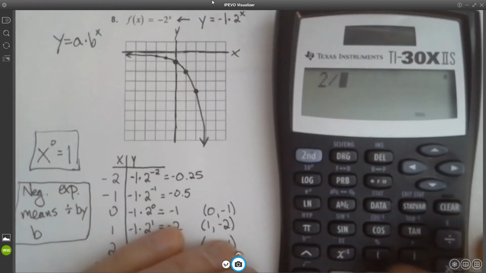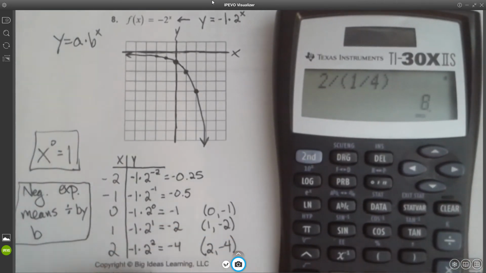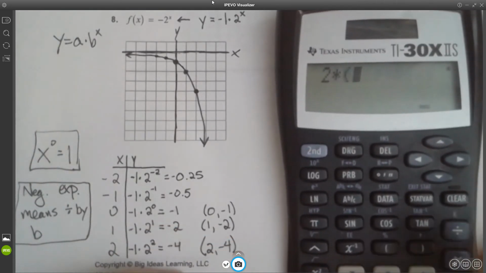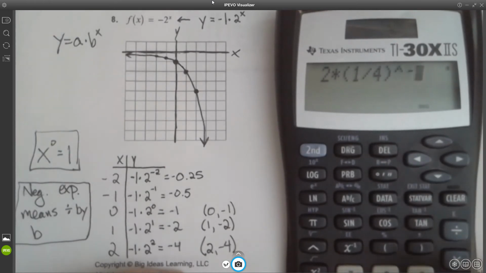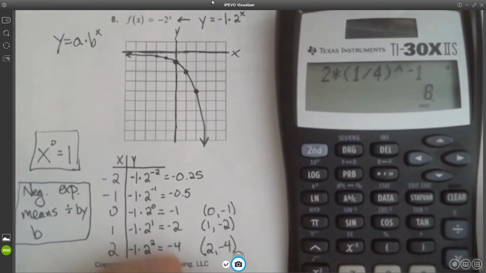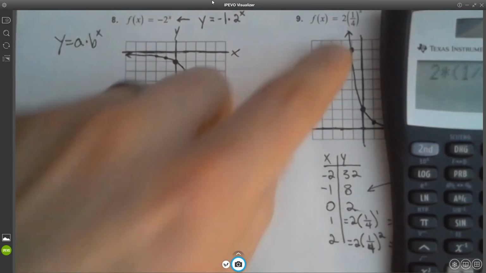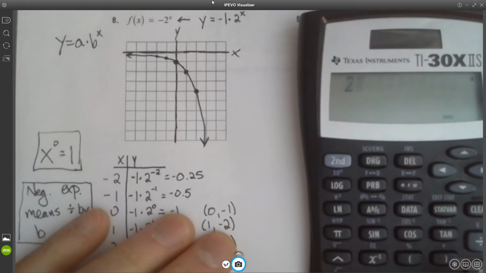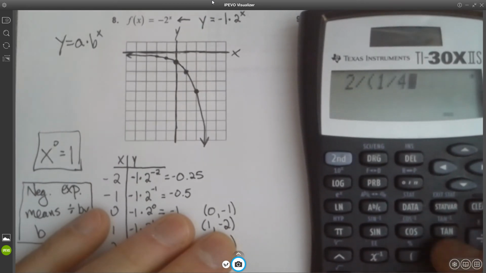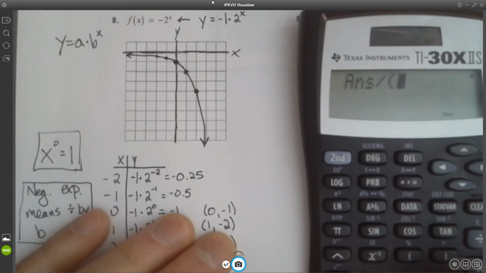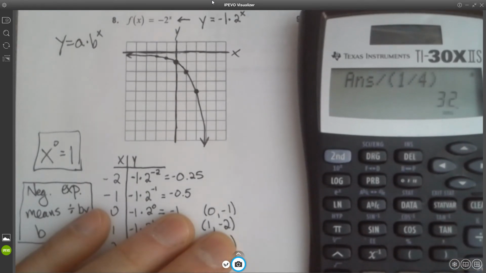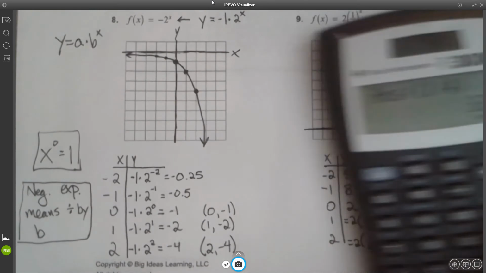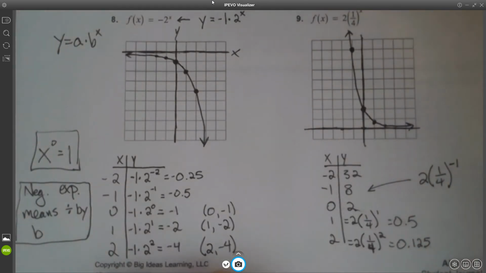So 2 divided by 1/4 is 8. 2 times 1/4 to the negative 1 is 8. 2 times 1/4 to the negative 2 is 32, because if we do 2 divided by 1/4 once, twice, we get 32. So that negative exponent means you're dividing by b.